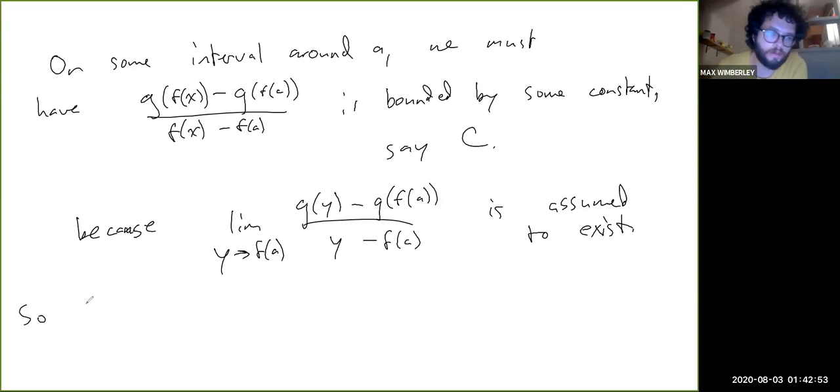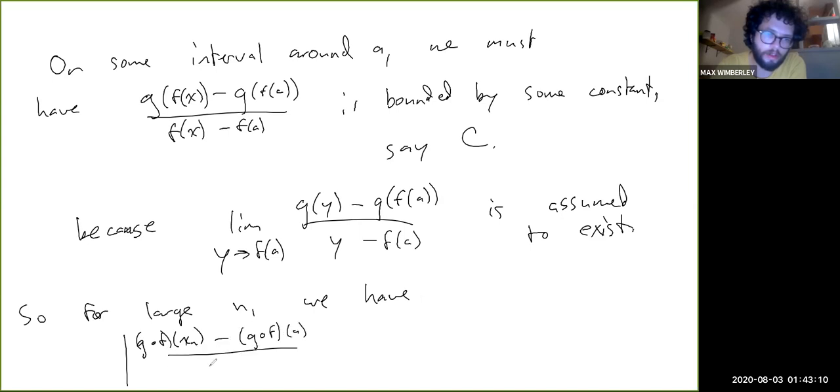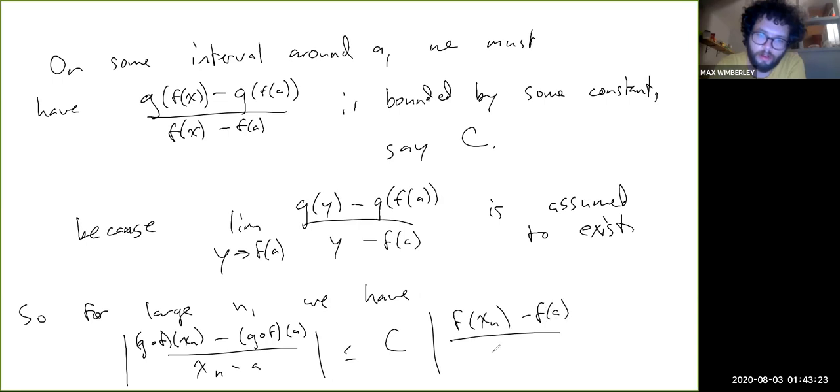So for large n, we have that the absolute value of g compose f of xn minus g compose f of a over xn minus a is less than or equal to c times f of xn minus f of a over xn minus a. And we know that this term goes to 0.